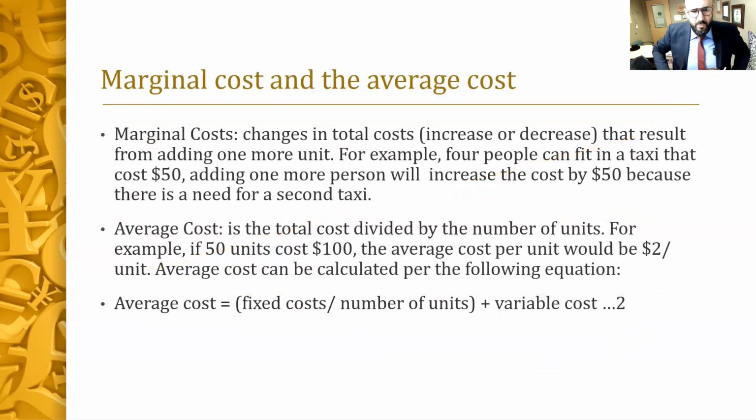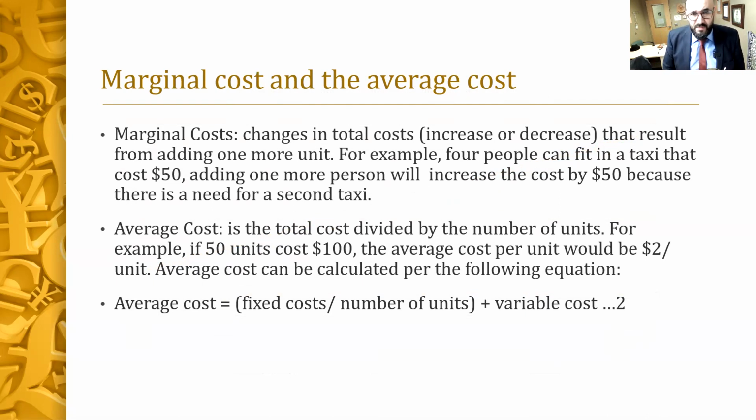The other two costs that we will be talking about are, first, the marginal cost. The marginal cost is the change in total cost, by increase or decrease, as a result of adding one more unit. So let me give you this example that will help you to understand what the marginal cost is. For example, 4 people can fit in a taxi that costs $50.